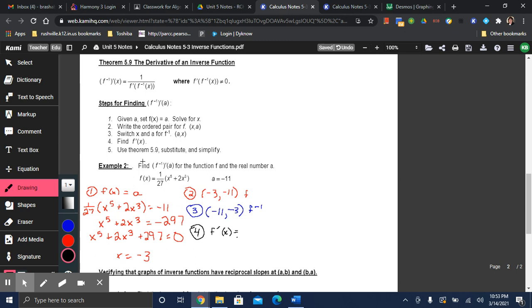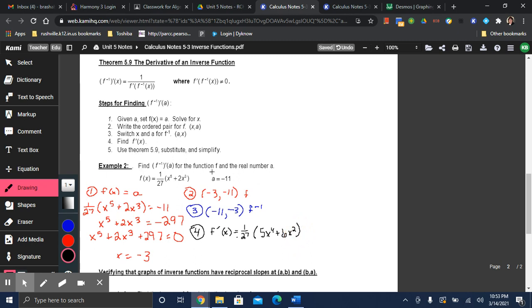So f prime, now remember f prime, we're working with this version right here, so we'll have the 1/27th as the coefficient, and then it was x to the 5th, so that will become 5x to the 4th plus, and then we'll bring the 3 times the 2 and have 6x to the 2nd. And so that's f prime.